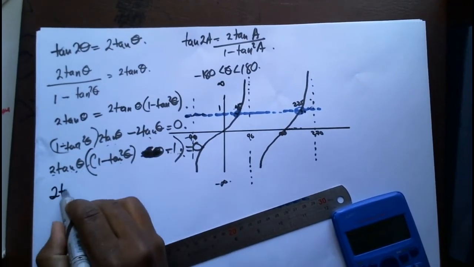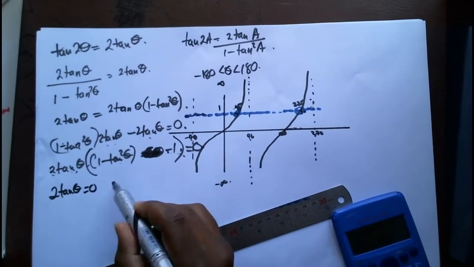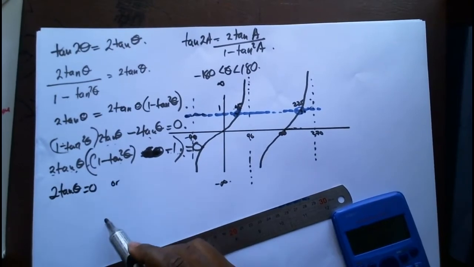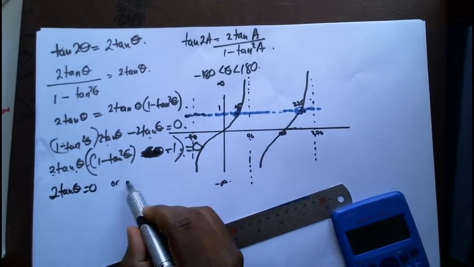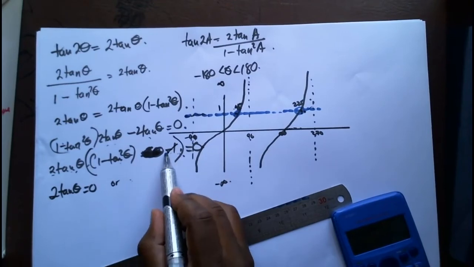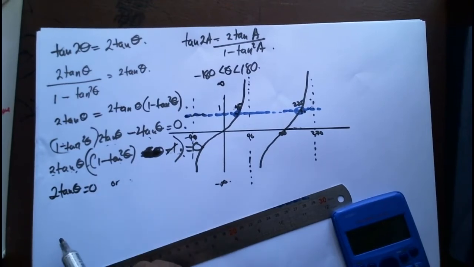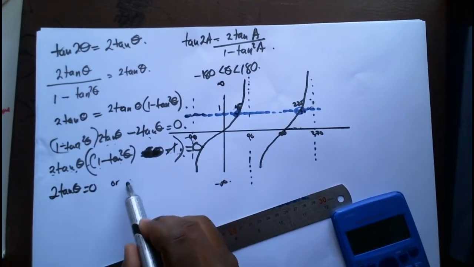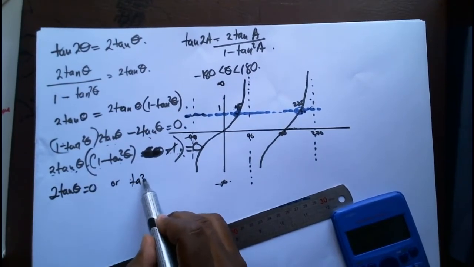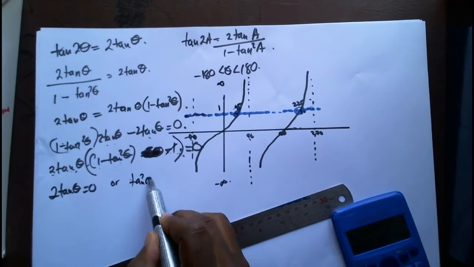So it becomes 2 tan theta is equal to 0, or in this case, this one becomes also 0, so tan squared theta is equal to 0.